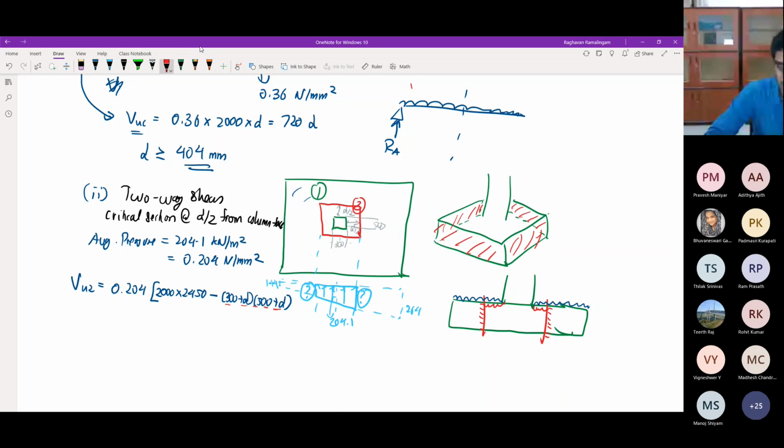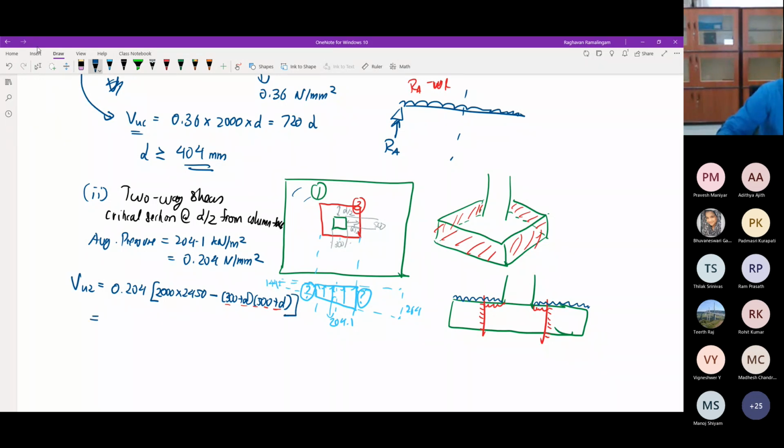So basically you'll be doing RA minus W into L. The same thing is being done over here, except that now it's a projection instead of a beam. That is the only difference.